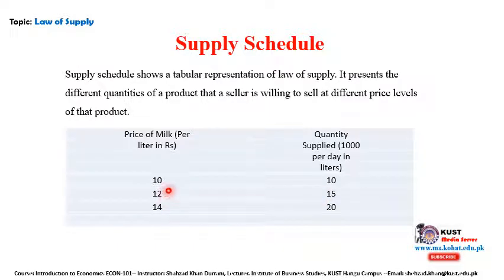Now he increased the price more, from 12 to 14, so the producer is now offering even more to the market, 15. It means that if there is an increase in the price, we can see an increase in the quantity supplied as well. So this is called the law of supply.